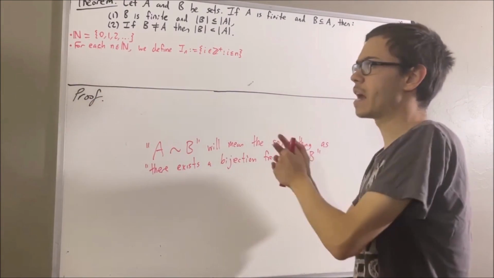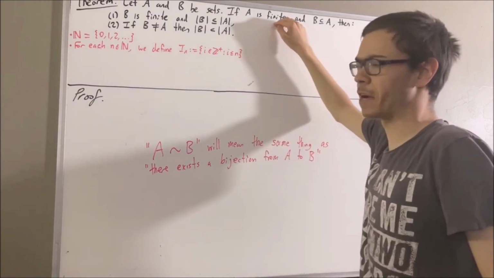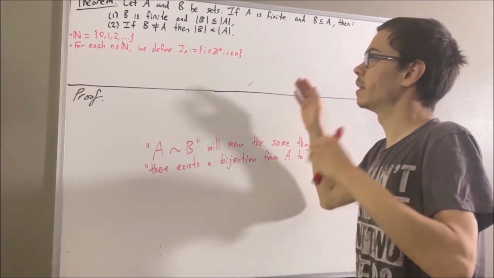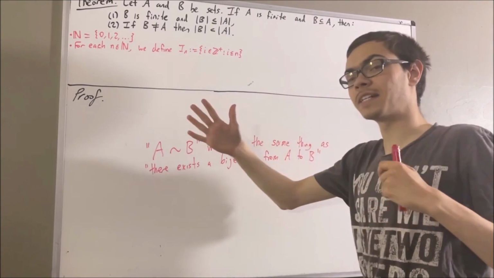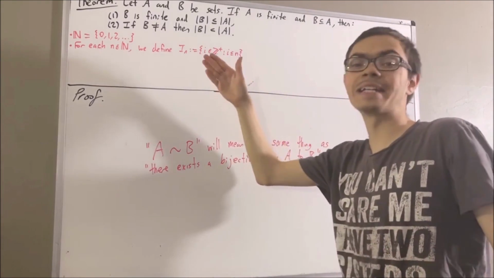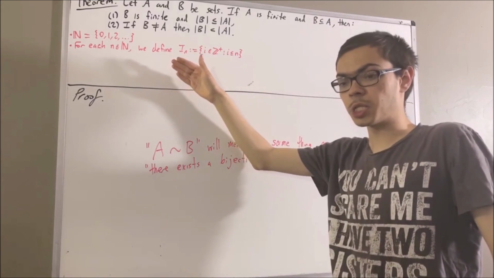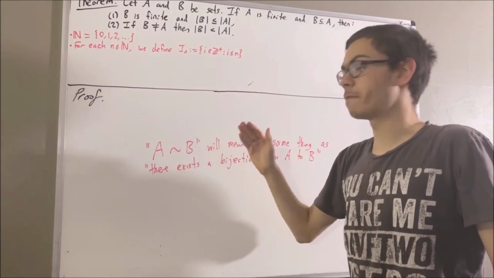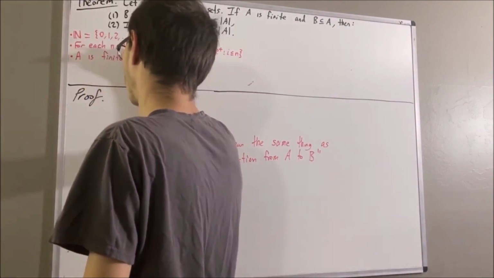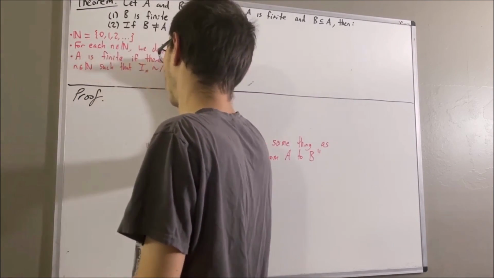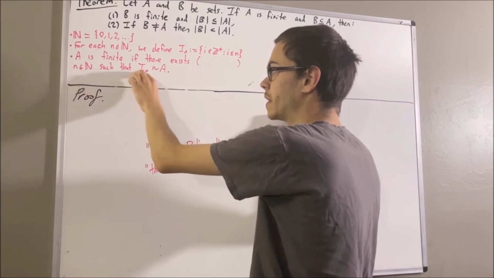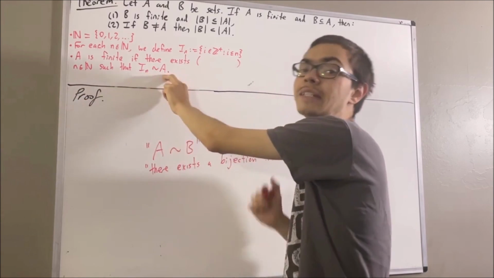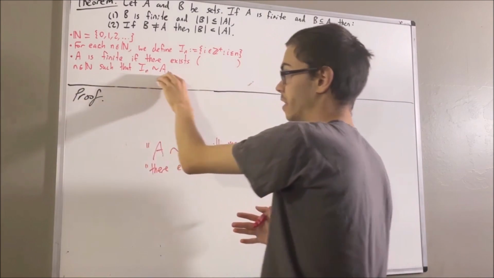Okay, now let's talk about what we mean by finite. Well, given any set A, we will say that A is finite if there exists a natural number n, such that there is a bijection from In to A. But it turns out that this natural number n, which satisfies this condition, is the only natural number which satisfies this condition.